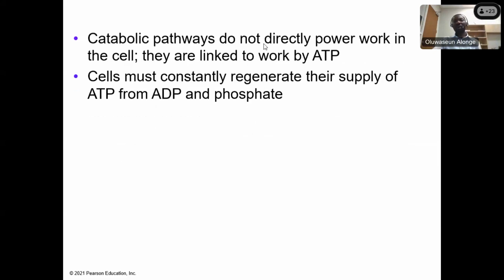Catabolic pathways do not directly power work in the cell. They are linked to work by ATP. Cells must constantly regenerate their supply of ATP from adenosine diphosphate and phosphate. What does that mean? I talked about this in chapter 8.